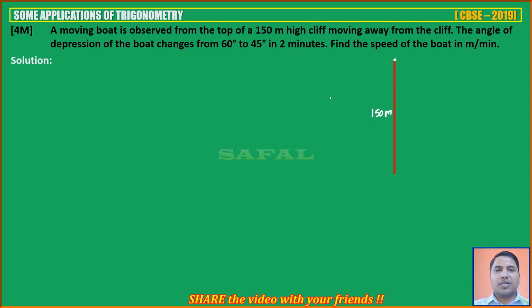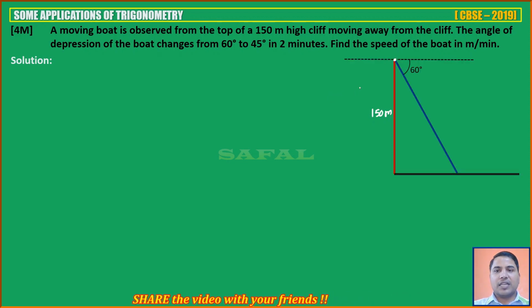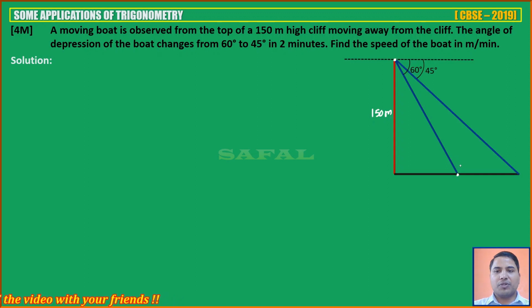The angle of depression of the boat changes from 60 degree. Initially the angle of depression is 60 degree, so the boat position is somewhere here, and after 2 minutes the angle of depression was found to be 45 degree. That means the second position of the boat is this.